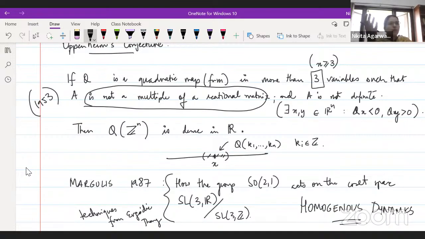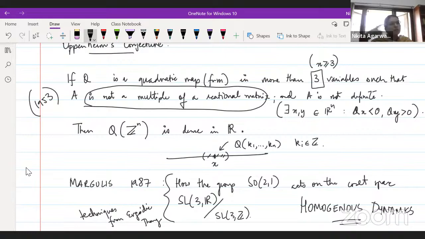If you take a rational matrix, meaning all the entries are rational numbers, and apply it on an integer point, very quickly you will see that it again becomes an integer vector in Z^n.